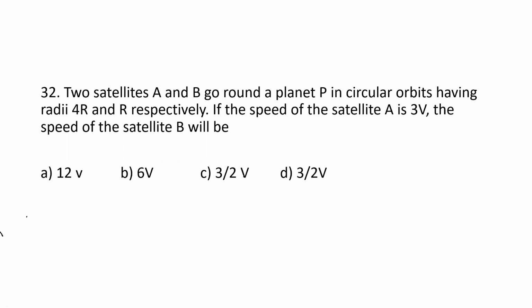The radii are given, and we need to calculate the speed of satellite B. So how can we do this?